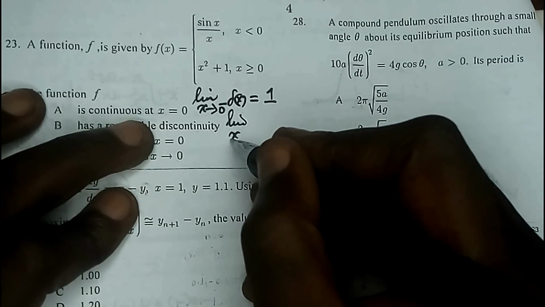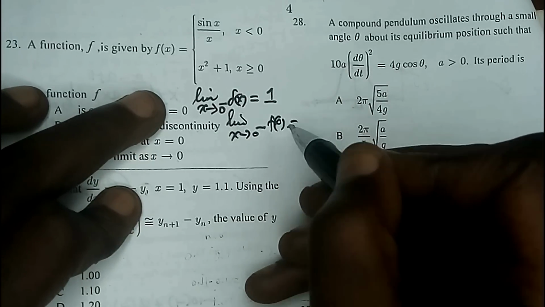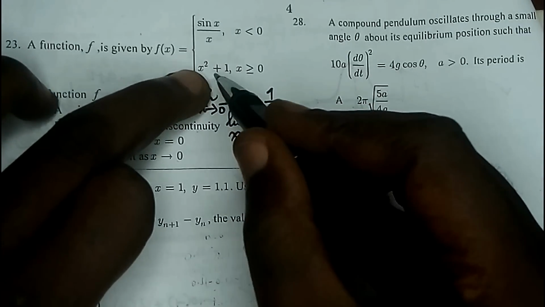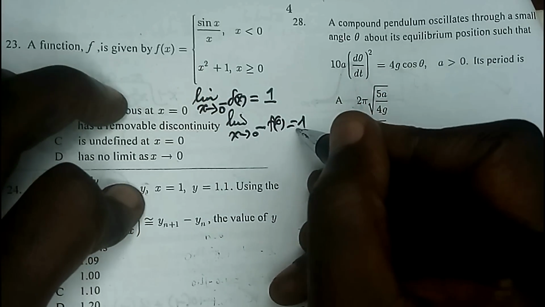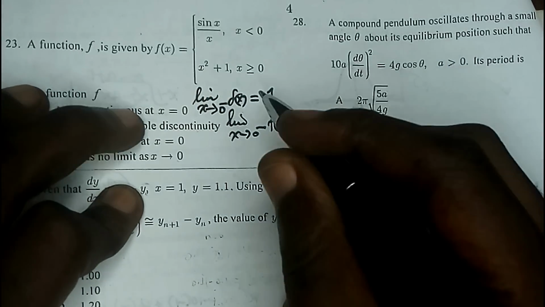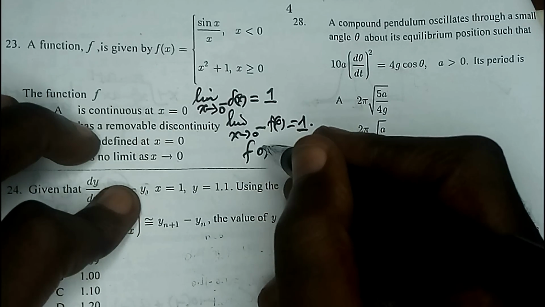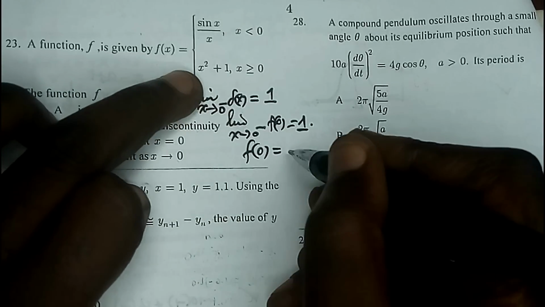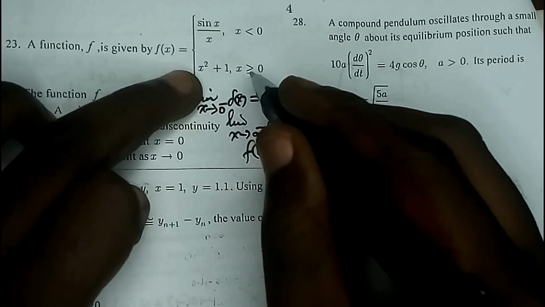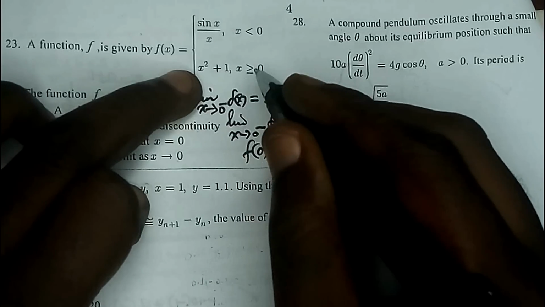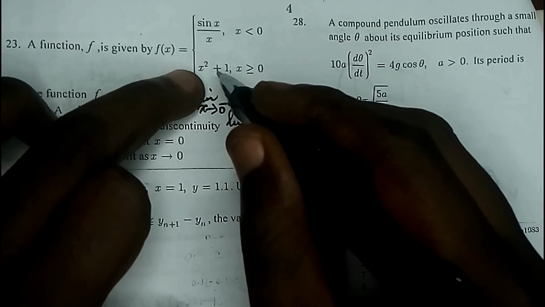Then the limit as x tends to 0 from above is obtained by substituting 0 in the lower function. Substituting 0, we get 0 squared plus 1, which is 1. The third condition is that f of 0 should exist, and f of 0 is equal to 1. The function is defined for x greater than or equal to 0, so 0 is in the domain of this part down.